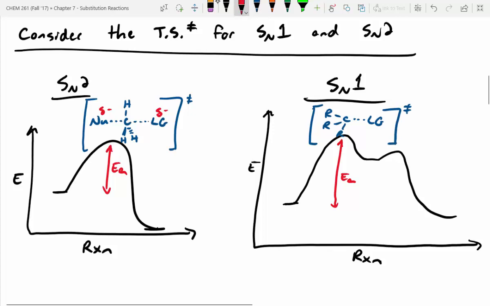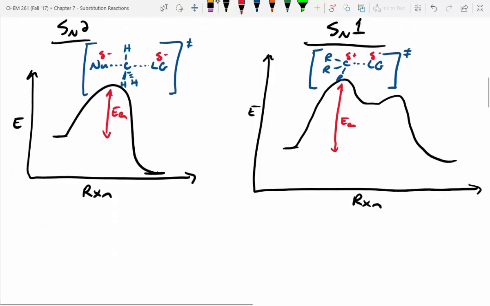Same thing here. Our leaving group is going to be a delta negative, but in this case, our carbon is going to become more positive, so I'll show a delta positive for that transition state. It's important to note, though, that each of these transition states goes through a polarized or partial charged transition state, right? Where you have delta positives or delta negatives.